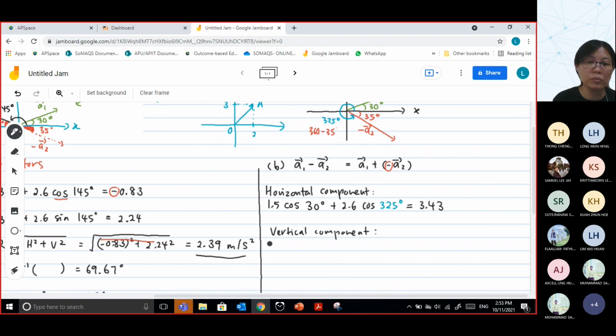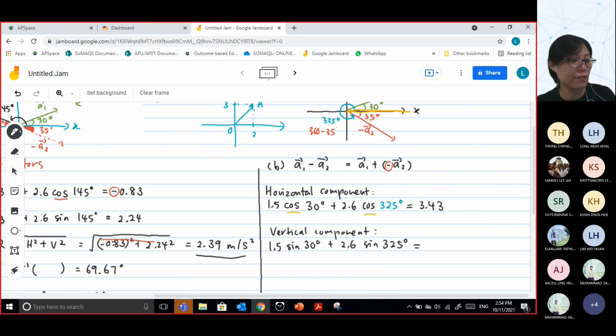When it comes to the vertical component, if you always measure the angle from the positive x-axis, you just need to change the cos to sine, and all the angles just remain. So sine 30 degrees plus 2.6 sine 325. Then calculate the vertical component. Negative 0.74, yes, it's correct. It's a negative value.